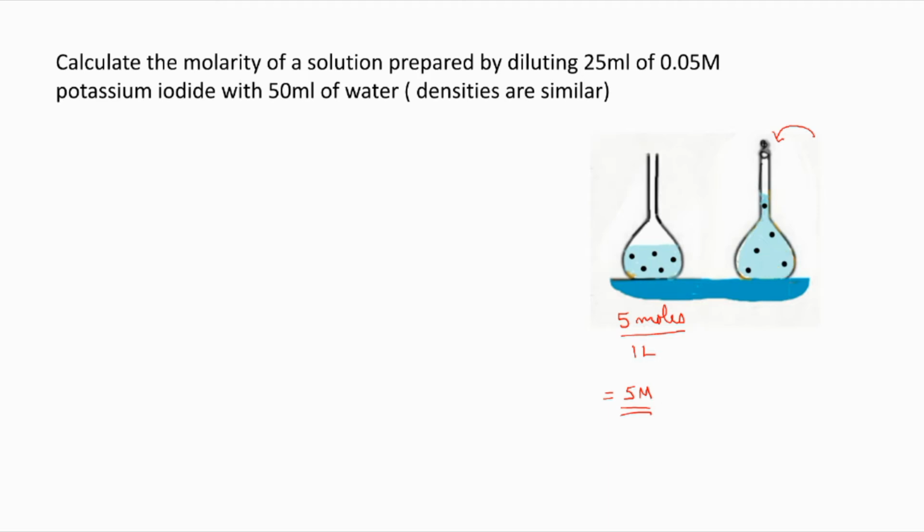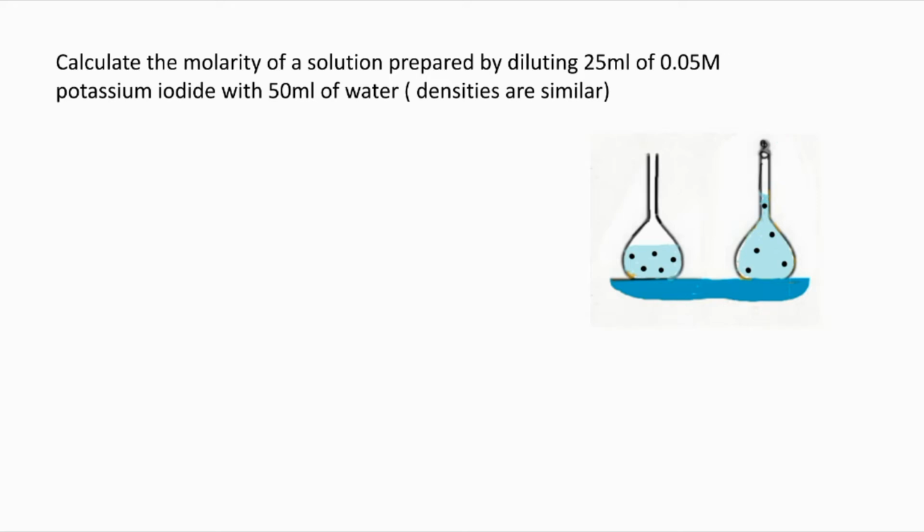Now again write it. What will be the molarity of the new solution after dilution? 5 moles are now present in 2 liter water because I have added 1 more liter of water to the existing one. Now what happened to the molarity of the solution? That will be equal to 2.5 molar. Correct? The molarity of the solution is decreasing.